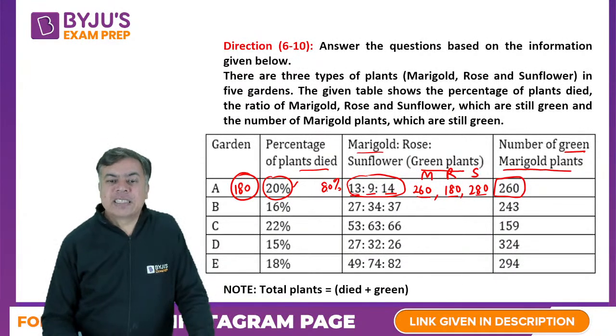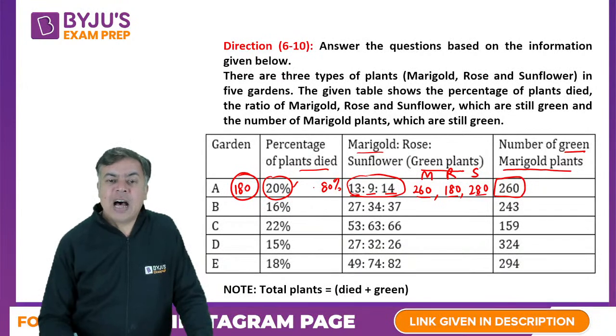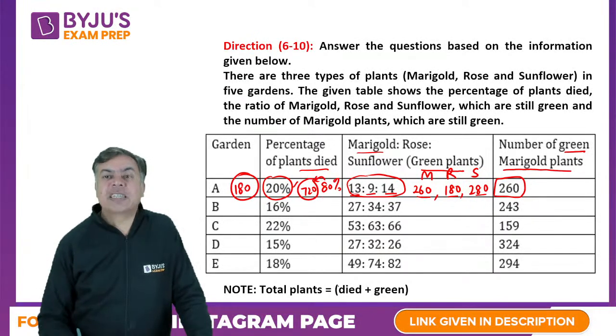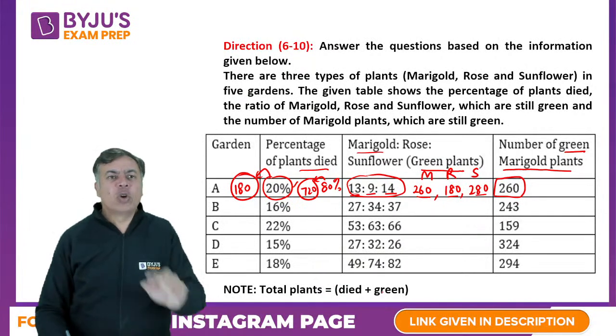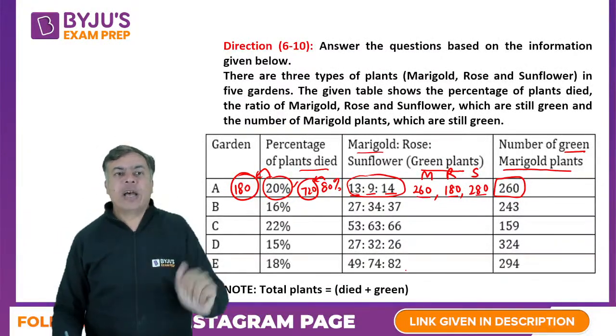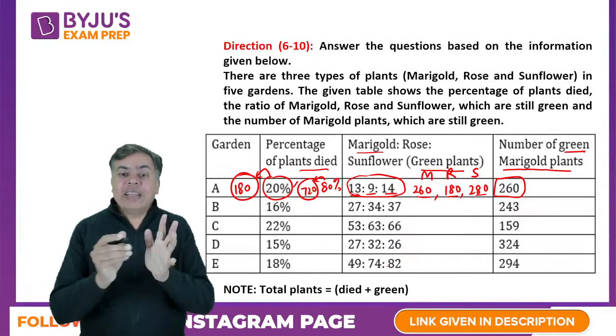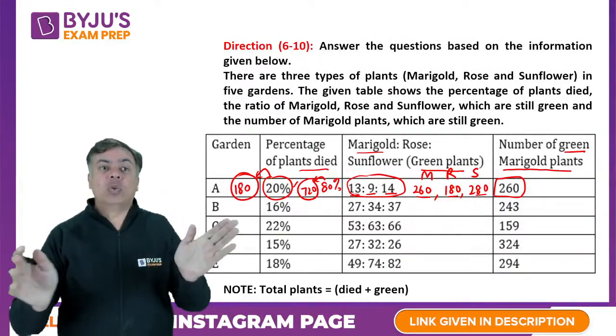I have calculated that 80% total is 720. If 80% is 720, 20% must be 180. 80 into 9 is 720, 20 into 9 is 180. Like this you can calculate all the values.